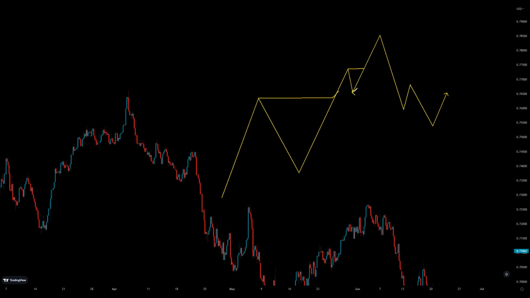Then this is the lowest point that broke structure, so the price has to stay above this point. When the price breaks this point, that is the change of character. Then after the change of character, the price should pull back, then break structure. You see, the price may not print exactly like this, but if you are looking for it, you'll find it. Trust me, you'll find it.